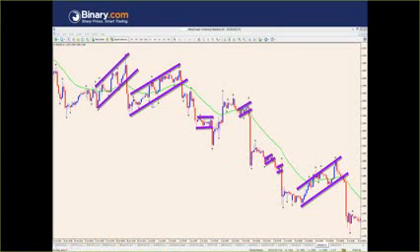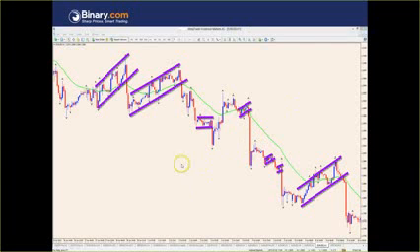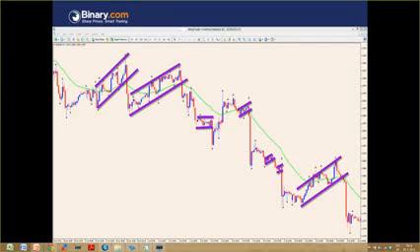Let's take a look now at rectangle. Rectangle is very simple. You just have a flat. This is actually a rectangle. It's not really a bear flag. It's more a rectangle. All right, so that is a particular pattern where price on the tops and bottoms are equal to each other.